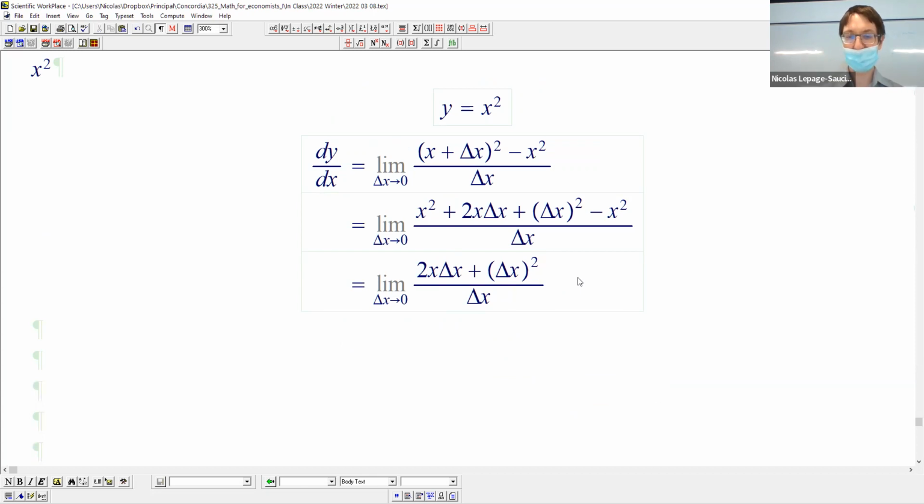And then I can just use the fact that it's a limit of a sum. I can already divide it. Yeah, let's divide it already. Here I just get this. Here, this disappears. I don't even really have to do anything with that.